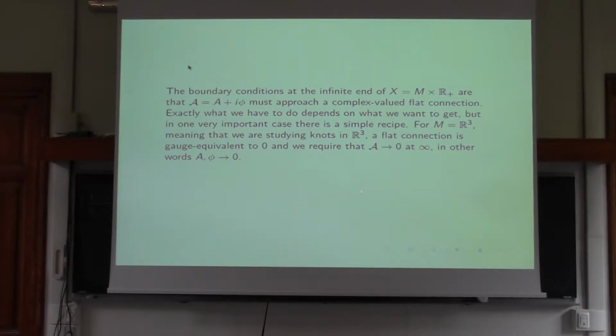Exactly what we do depends on what we want, but in one very important case, there's a simple recipe. If M is just R3, so that we're studying knots in R3, a flat connection is gauge equivalent to 0, and we just require that everything is 0 at infinity. For today, that's the only case we're going to talk about.